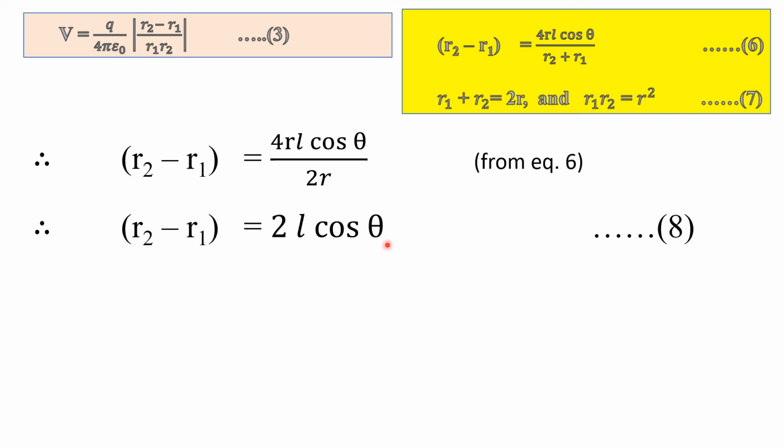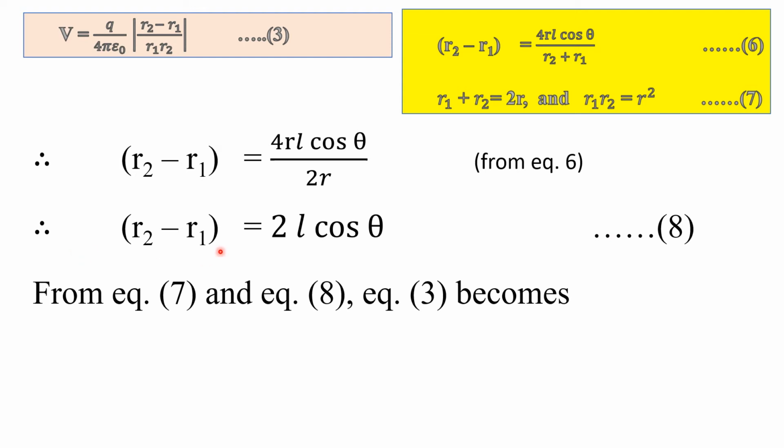This is equation number 8. Now from equations 7 and 8, equation 3 becomes: we can put 2L cos theta for R2 minus R1, and R1 R2 is equal to R square. After putting these values, we get V is equal to Q upon 4 pi epsilon 0 into 2L cos theta upon R square.